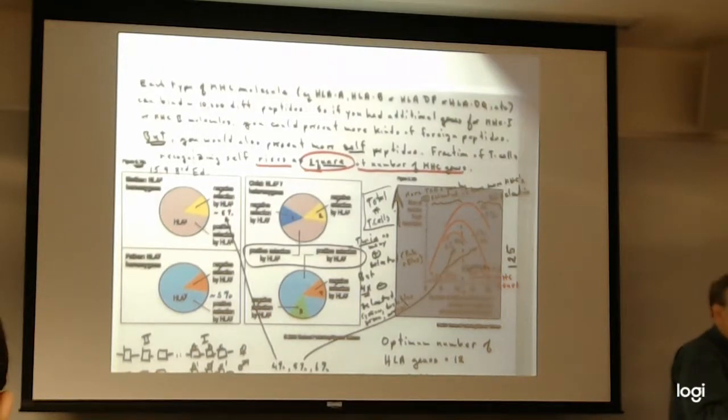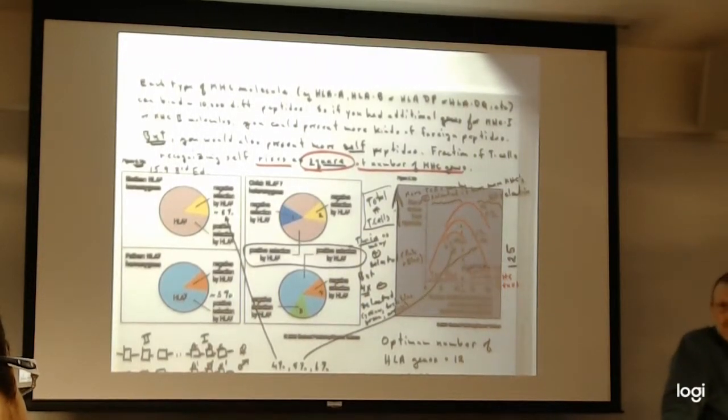So if 6 genes is good because we can present 60,000 peptides out of the universe of all possible peptide sequences, actually, 60,000 peptides may be impressive, but it wasn't good enough for the Native Americans, remember, when Columbus sailed the ocean blue. He brought all the nasties.